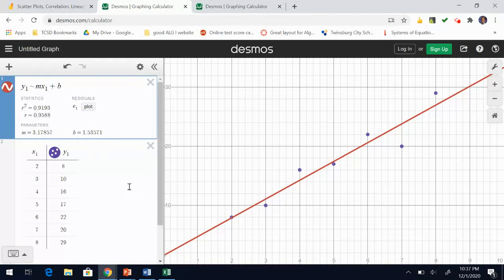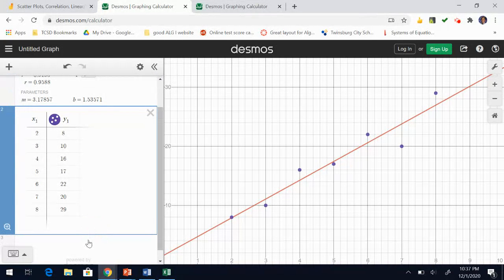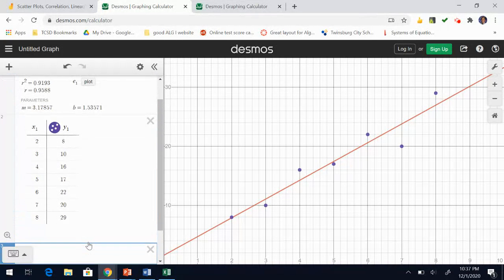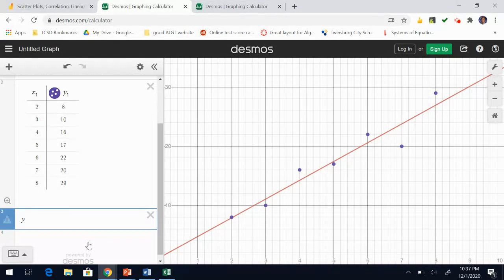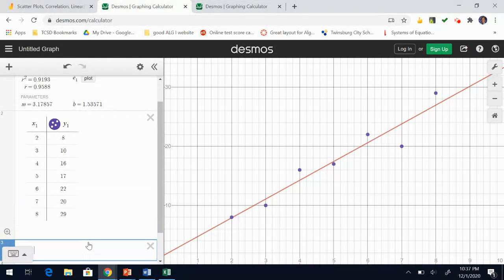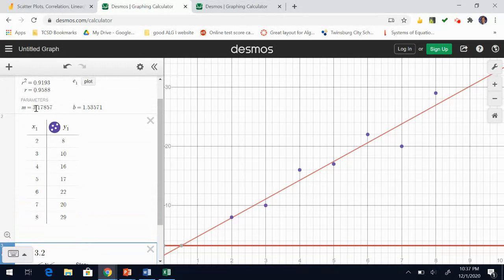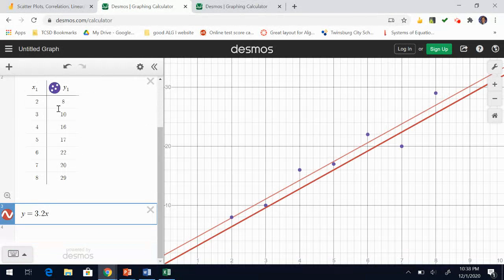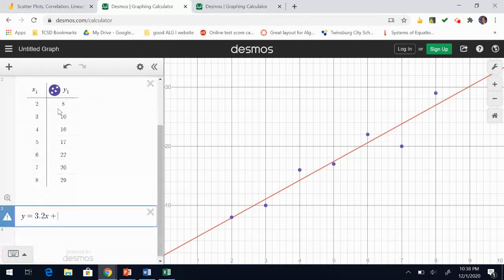So this is pretty cool, though, because now I'm going to take this information and use it to write y equals 3.2x plus 1.5. I'm just going to round this information here.